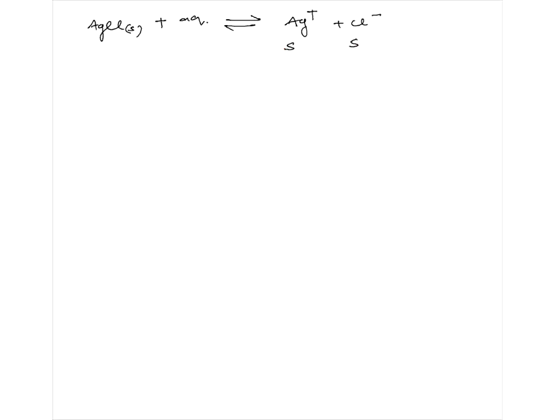So the solubility product would be just like ionic product. Ag plus concentration is S, Cl minus concentration is S. So we have S square. That's it. Another illustration when it is not as simple as 1:1. Any questions in AgCl part? If you have, let me know, or we go for that.